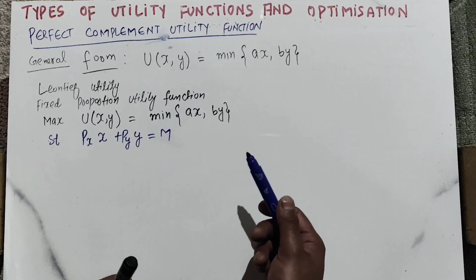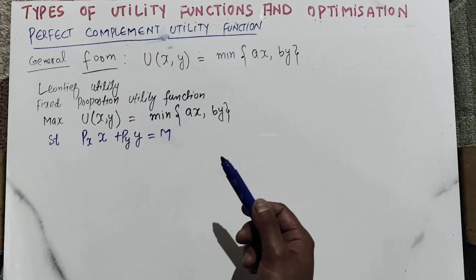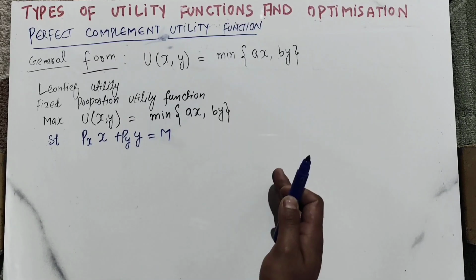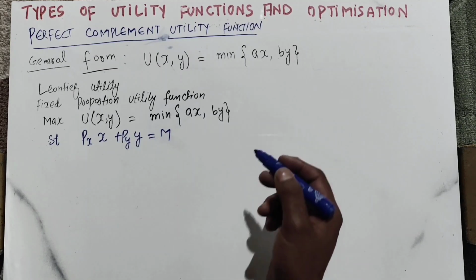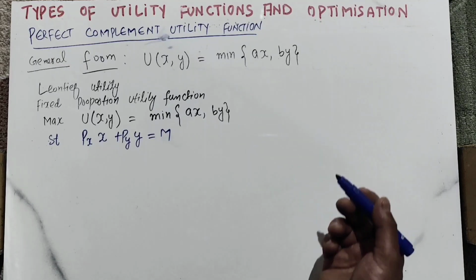Now what happens in case of the fixed proportion utility function or Leontief utility function? Consumer consumes goods in a fixed proportion. A simple example that we give is, let us suppose a person goes to a shop and he buys a pair of shoes.